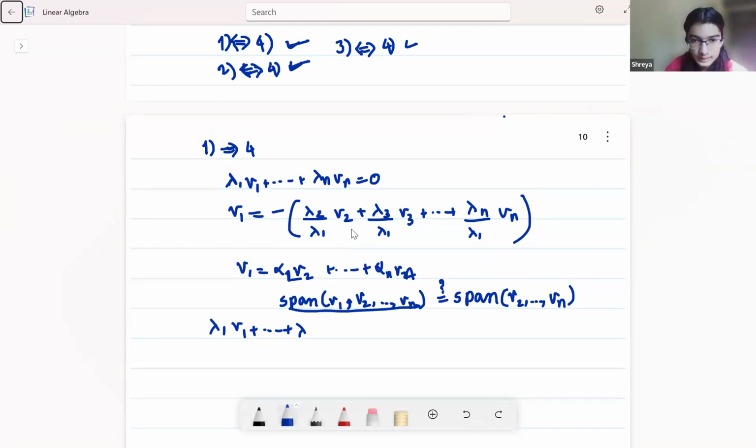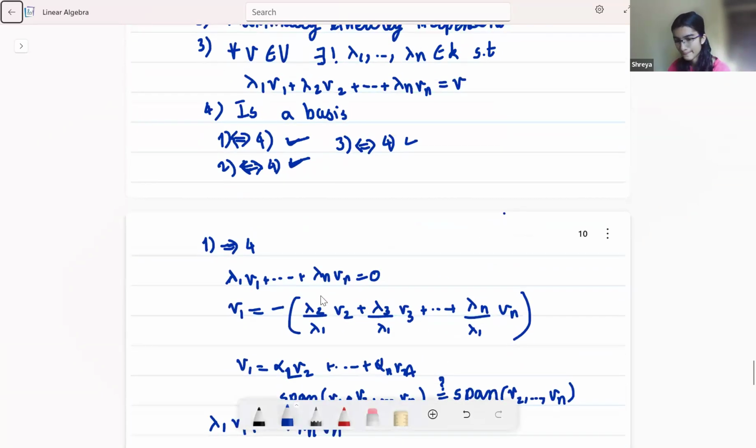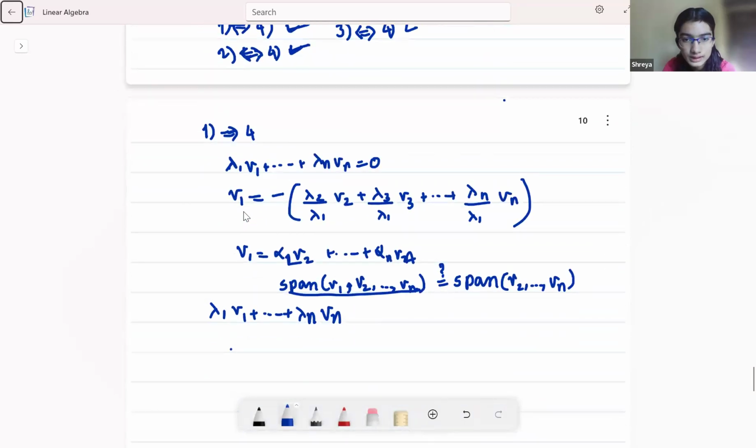Now if you have an element over here, then we just substitute the value of V1 and we will get it in terms of V2, V3 and till Vn. So then we'll get these two values. Okay, does that make sense?